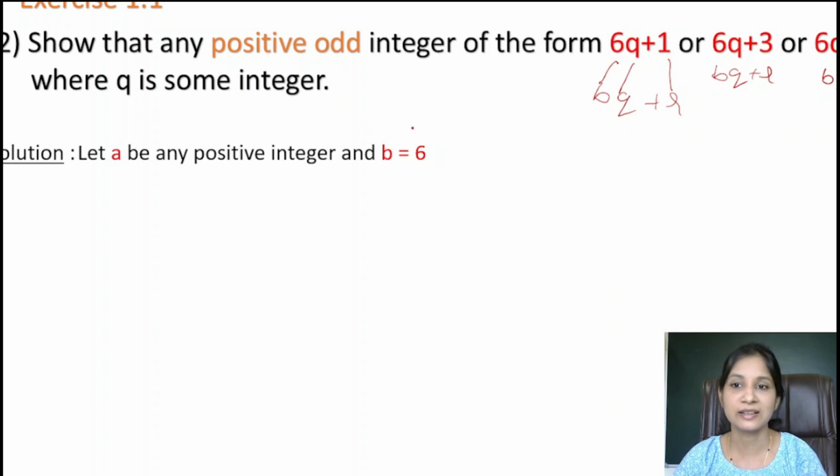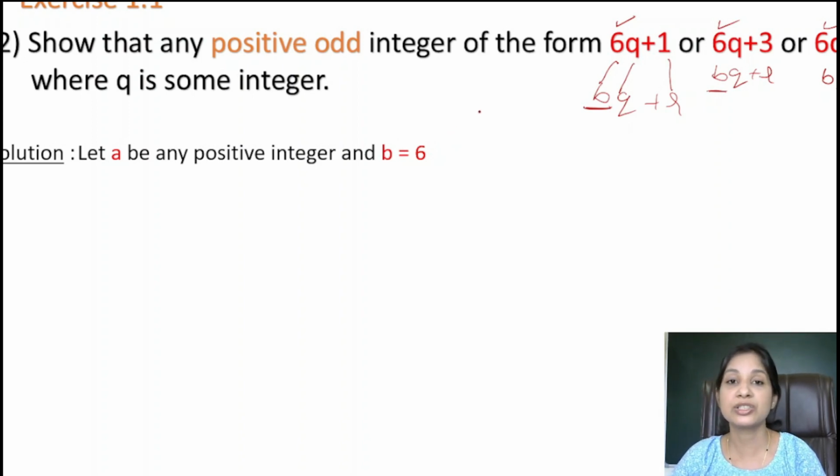Why is it 6? We know it is 1, 3 or 5 where q is some integer, and you are clearly observing that in all three cases it is b. It represents b. 6 is b only. So b is equal to 6.